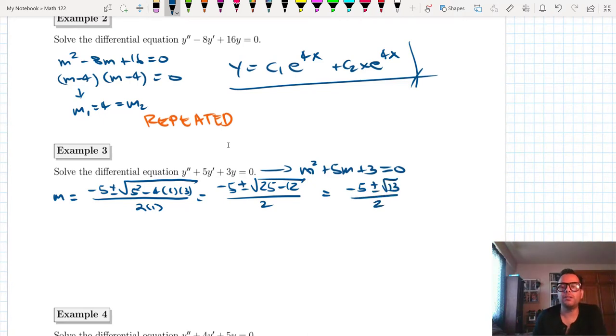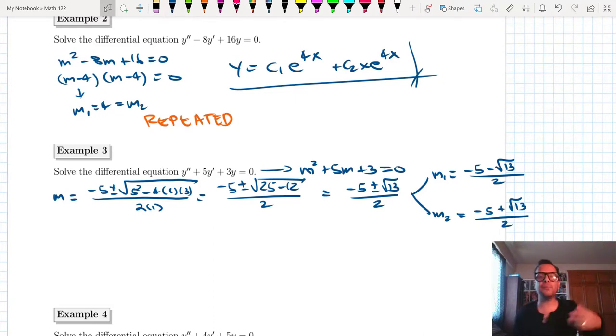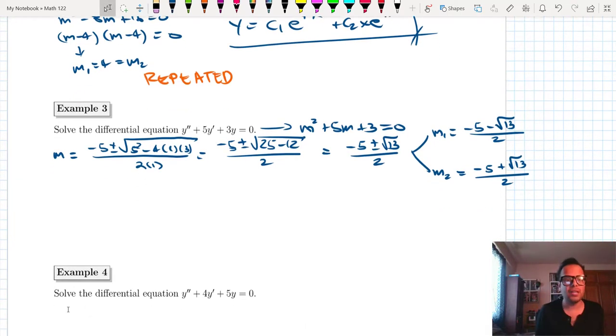So that means that we are going to have two solutions. One, m1, which will be negative 5 minus the square root of 13 over 2, and m2 equals negative 5 plus the square root of 13 over 2. So in this case, we have two distinct and real solutions. I mean, they're ugly looking, they're irrational, but they're still valid solutions.